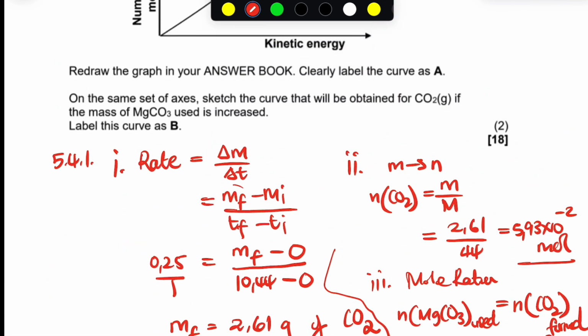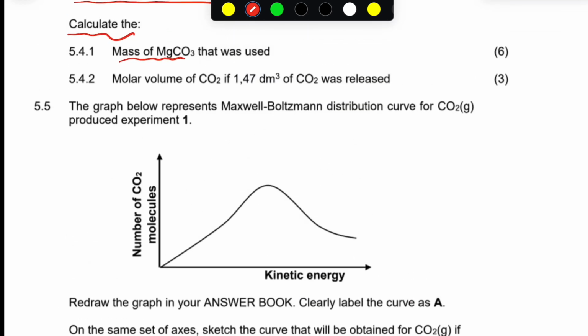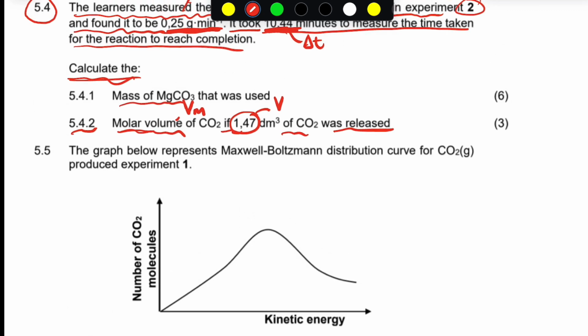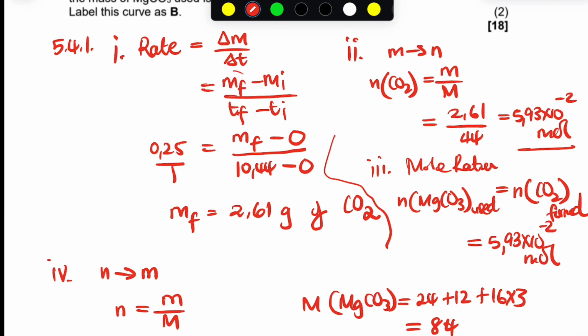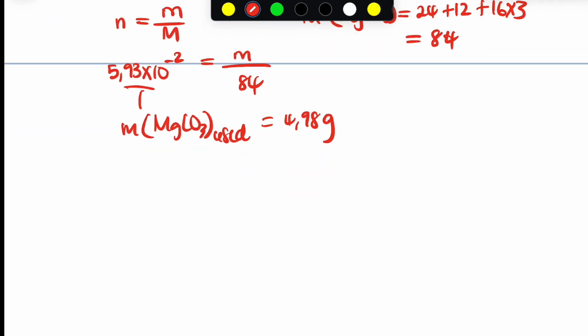Guys, I hope this makes sense. Now let's look at 5.4.2. Calculate the molar gas volume, which is they want the Vm, if the carbon dioxide is 1.47 dm3 released. So in order to get the Vm, we must have a V and the number of moles. We already have the number of moles here of the carbon dioxide, which is 5.93, from 5.4.1.